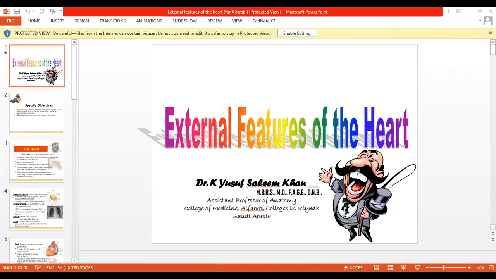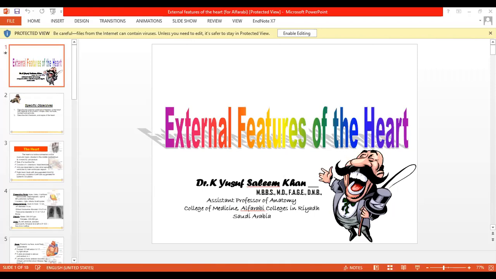Okay. Coming to the heart, as you know, the heart is a very important component of the cardiovascular system. It is a hollow, somewhat conical muscular organ. It is hollow because it has many chambers where the blood will be filled, and it is muscular, made up of a special kind of muscle called the myocardium.